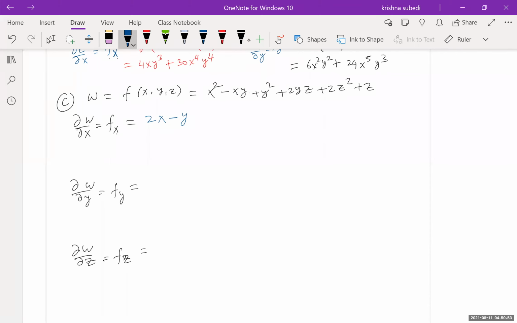Derivative of x with respect to x is 1, plus the derivative of y squared with respect to x, this is a constant, 0. Derivative of 2yz with respect to x, again 0 because there is no x. So your answer is going to be 2x minus y. And I want you to complete the other two.